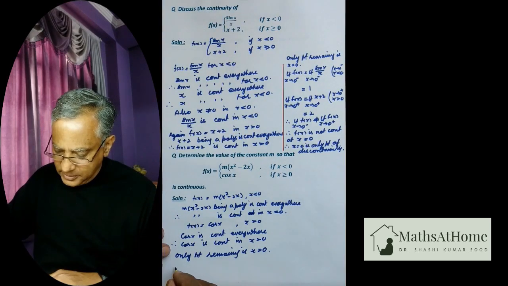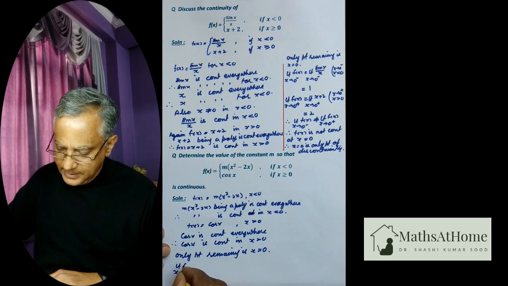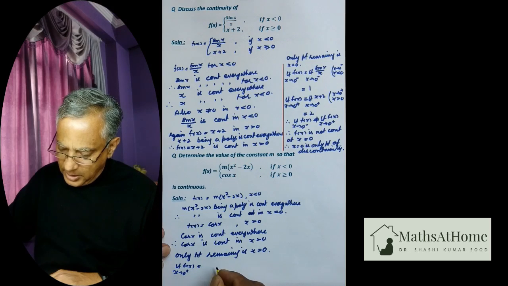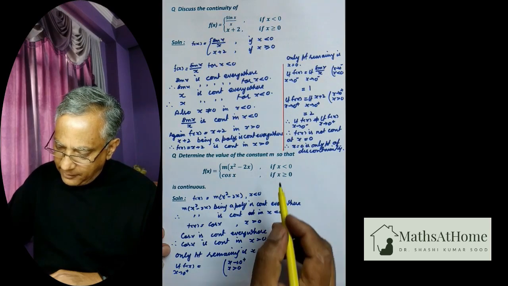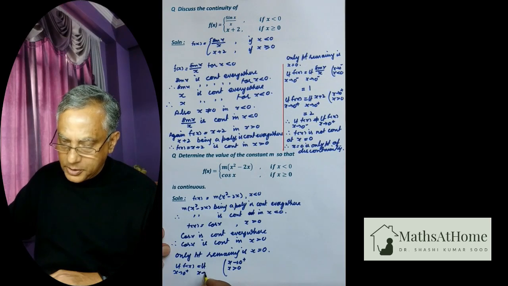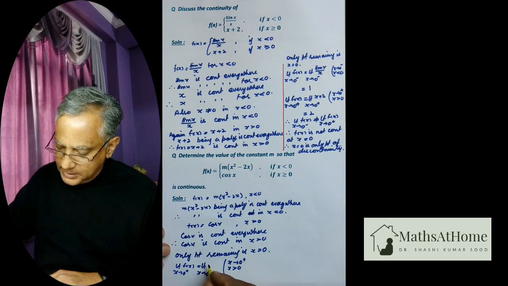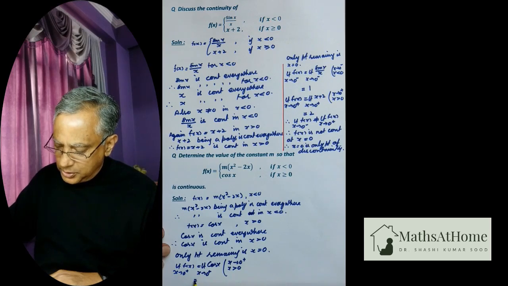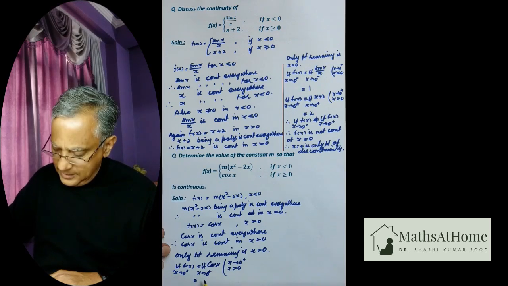Now limit x approaches 0 from positive side f(x) is equal to, as x approaches 0 from positive side, x is greater than 0, and therefore this definition will be used. Limit x approaches 0 from positive side cos x is equal to cos 0, which is 1.